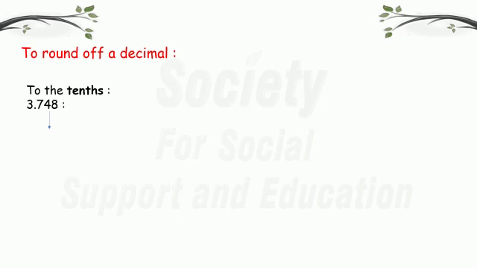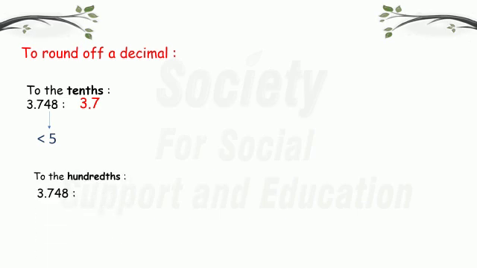We have 4, and 4 is less than 5. Since 4 is less than 5, we keep this number 3.7. So the round off of 3.748 is 3.7. It's nearer to 3.7 than to 3.8.